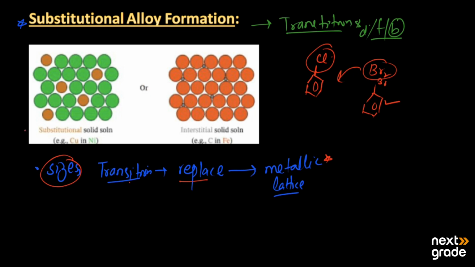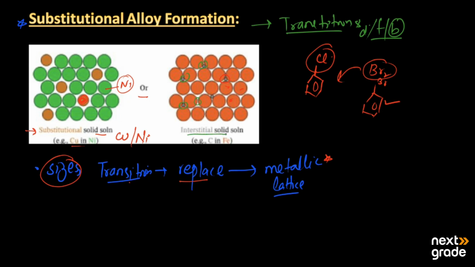Here we have another example, which is the substitutional solid solution, in which we have copper and nickel. This is the simple copper, and in green we have nickel. Or we can also write it as this is the simple iron, and in the center here we have the carbon.